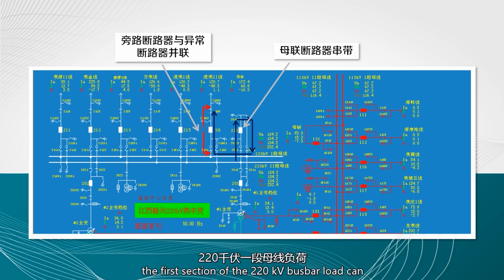Alternatively, the first section of the 220 kV bus bar load can be first reversed to the second section of the bus bar, and then the bus bar circuit breaker can be connected in series with the abnormal circuit breaker. After disconnecting the 231 bus bar circuit breaker, the isolation switches on both sides of the abnormal circuit breaker can be used to power off the abnormal circuit breaker.